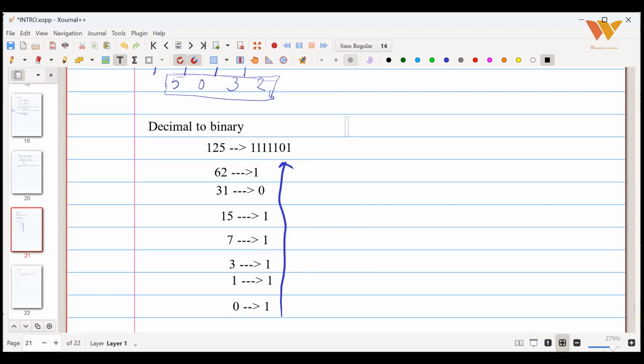Okay. If I take decimal to octal, it should be 125 divided by 8. So can anyone tell me what will be the value? You have to divide it by 8 until you get 0 as your answer.